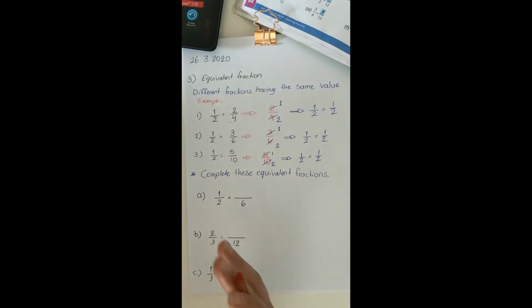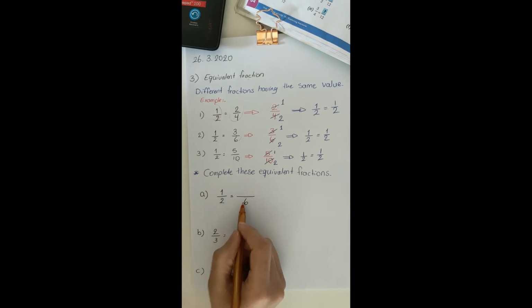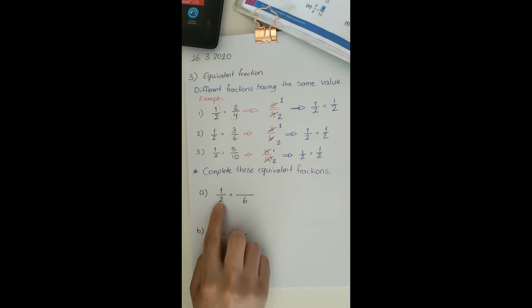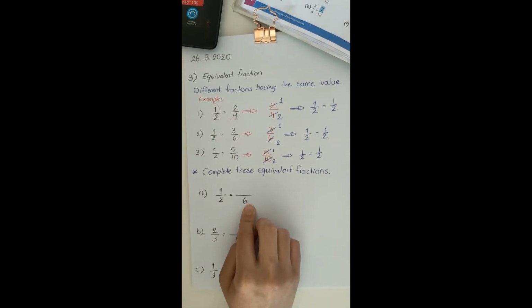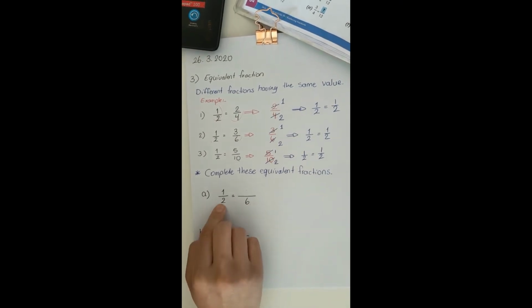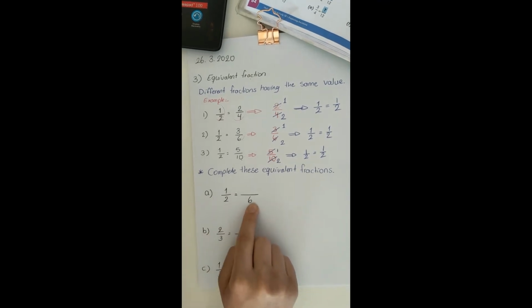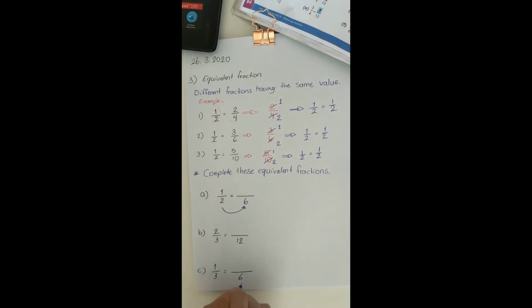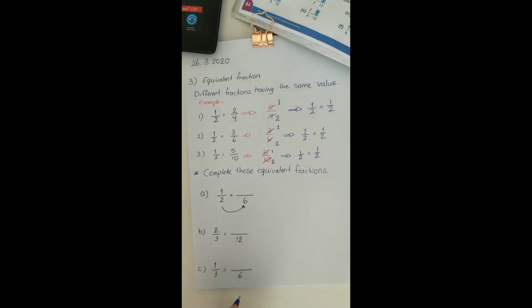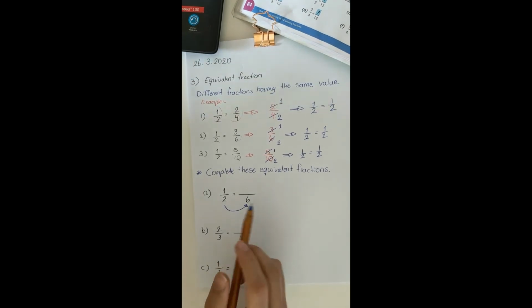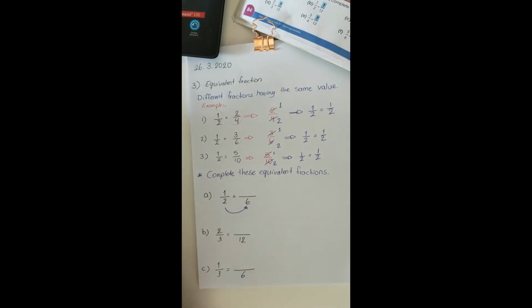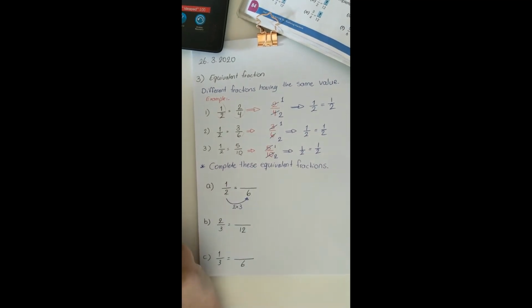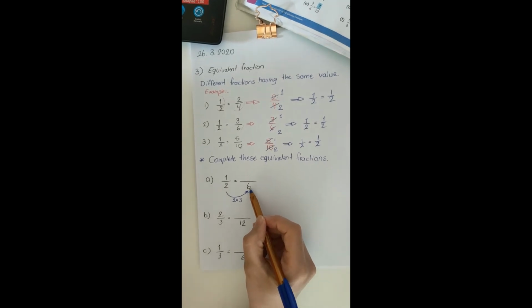do either multiplication or division here to help this number. Now, if you look at this denominator and if you look at this denominator, now this is 2, but it became bigger. It has been turned into 6. How can I turn 2 to 6? If I multiply the 2 by 3, I will get 6.